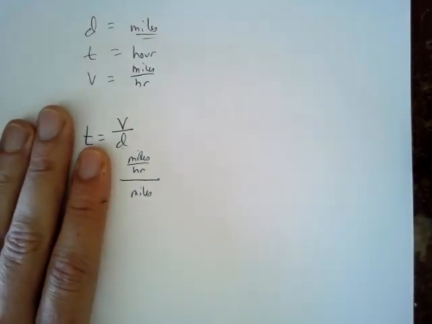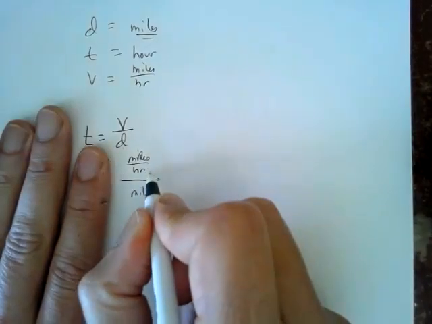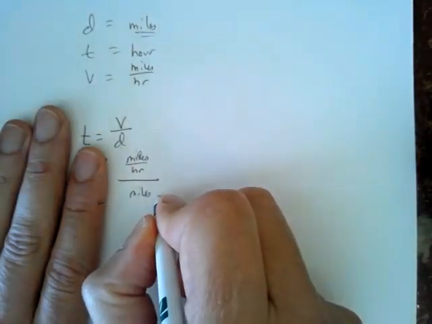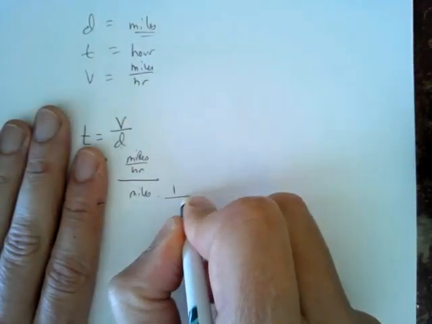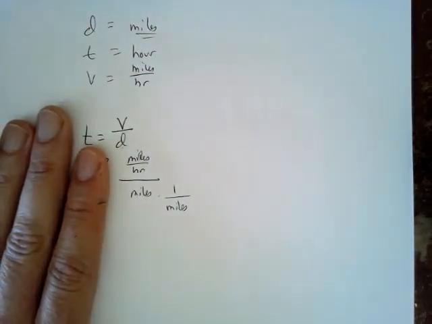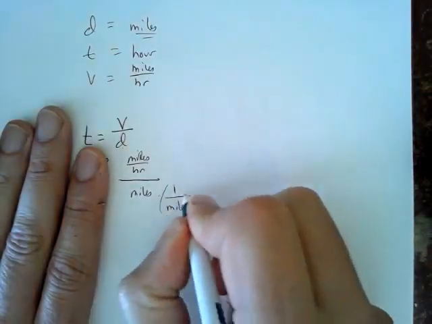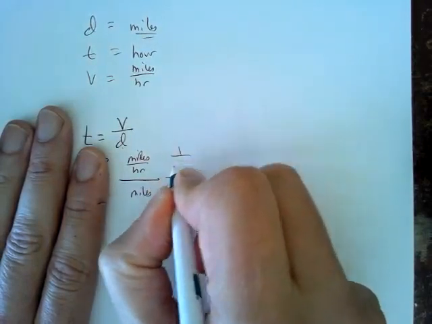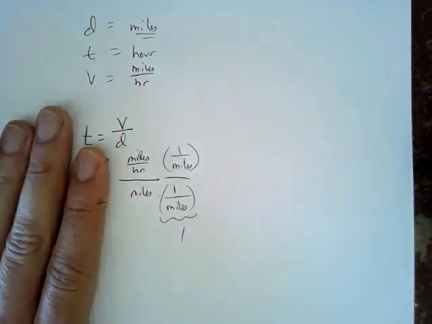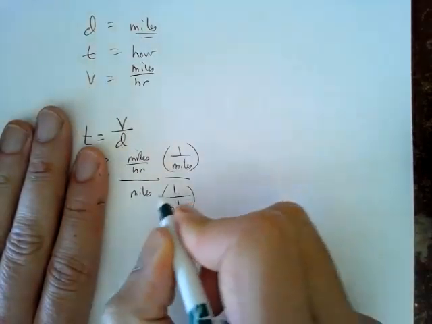Sorry, the camera keeps wanting to focus. So we have miles over hour divided by miles, one of our complex fractions again. Well, how do we clear this? Well, we know we want to get the denominator equal to 1, so we're going to multiply by 1 over miles in the denominator. Multiply up here then by 1 over miles as well, so that we're really multiplying by a ratio that's equal to 1.